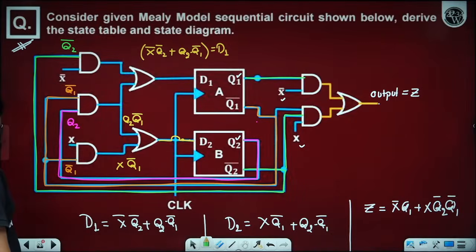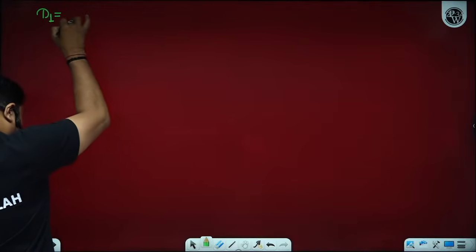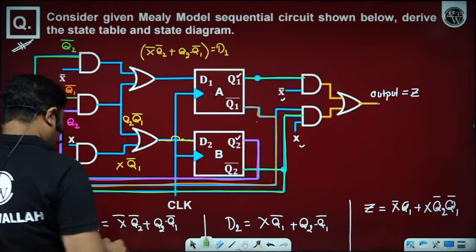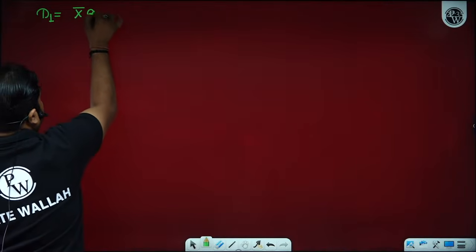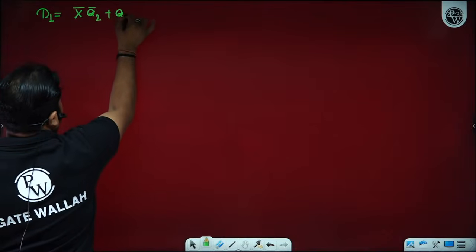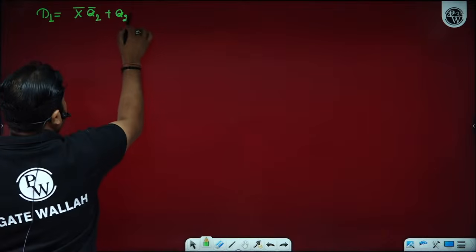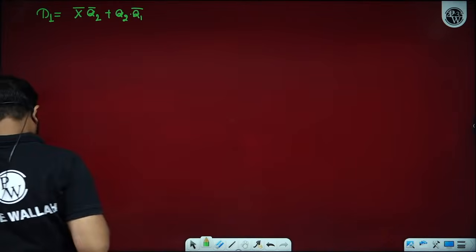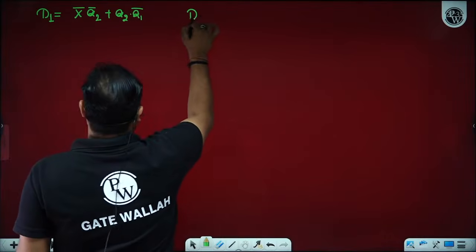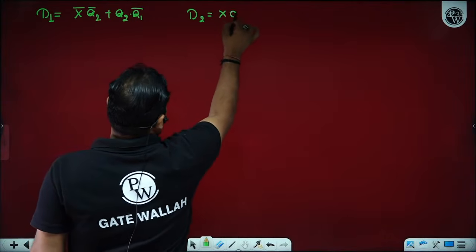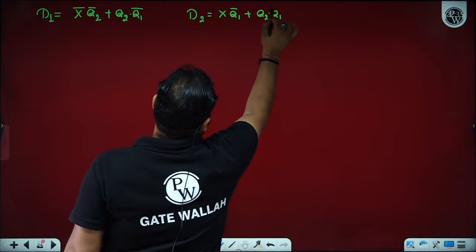Now we have D1, which is X bar Q2 bar plus Q1 Q2 Q1 bar. D2 is X Q1 bar plus Q2 Q1 bar.